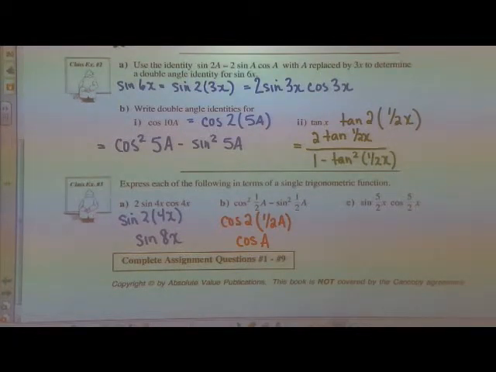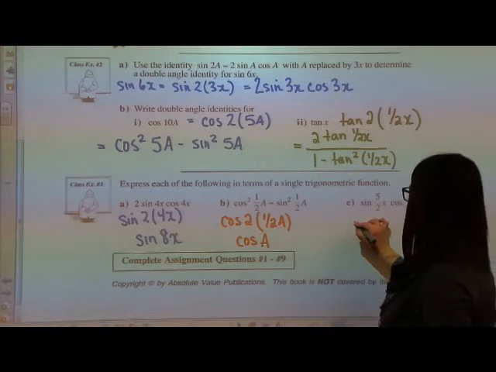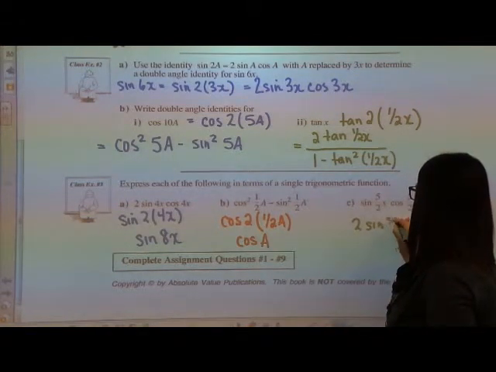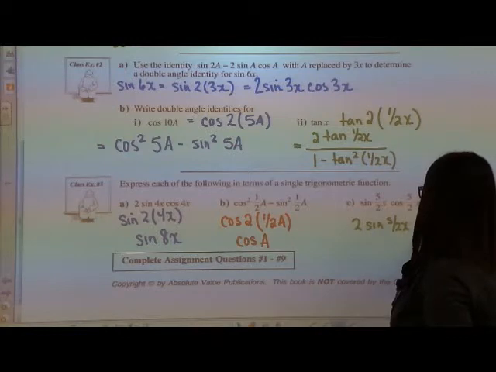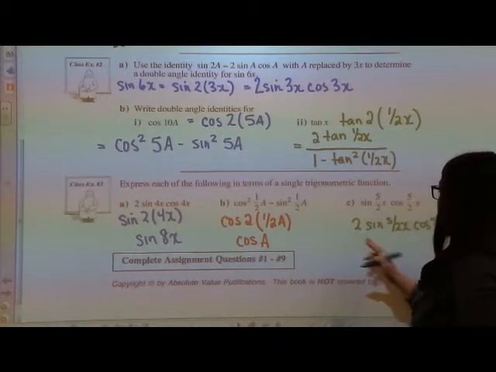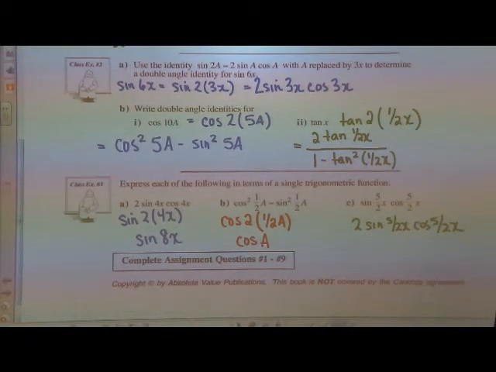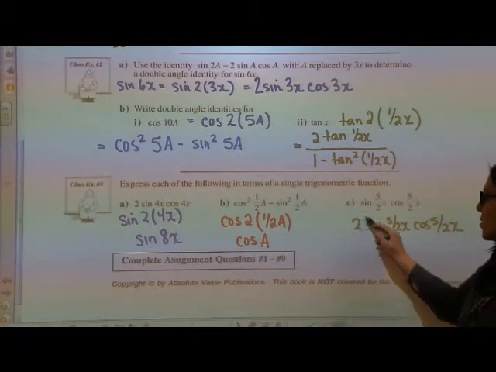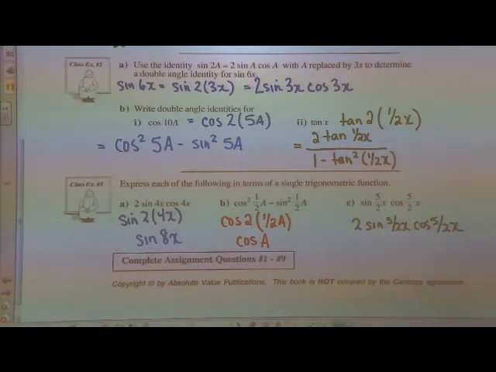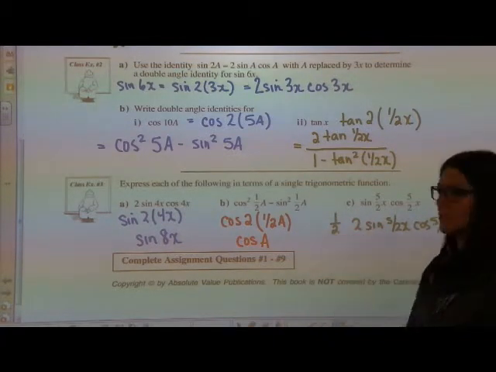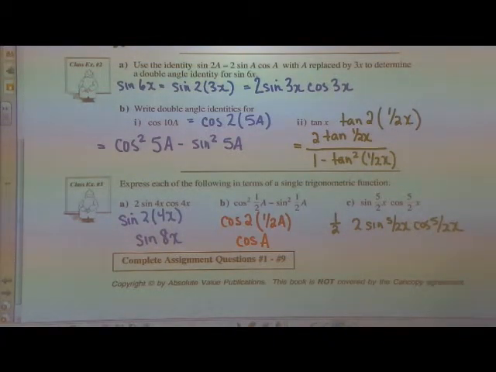The 2. It's missing the 2. So I can't just stick a 2 in there because it changes the value, although it would be nice to put a 2 in there because then I get a 2a. So what can I do to counterbalance putting the 2 in there? Divide by 2, the same as multiplying by 1/2.